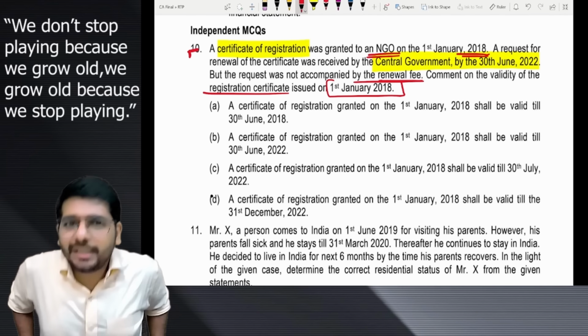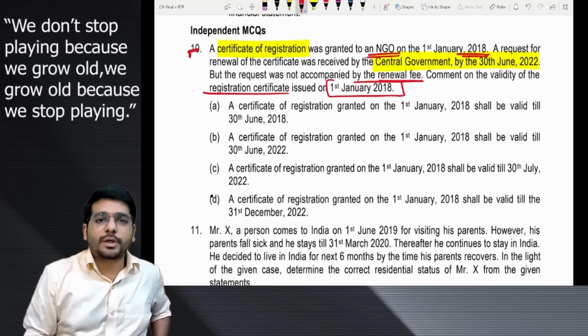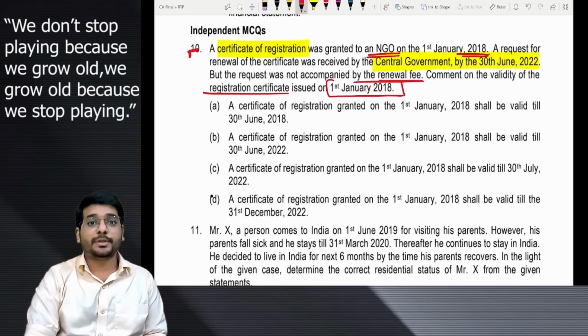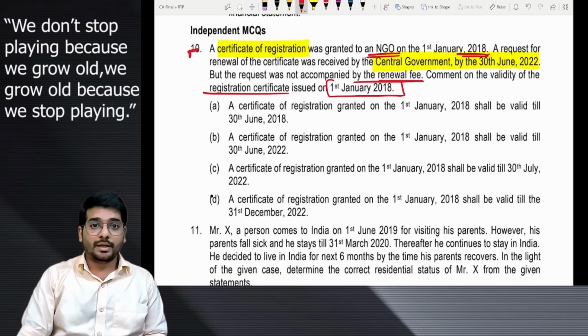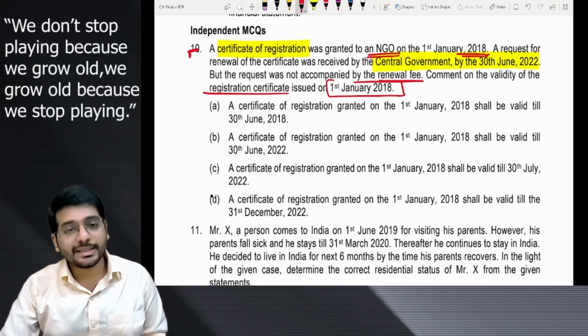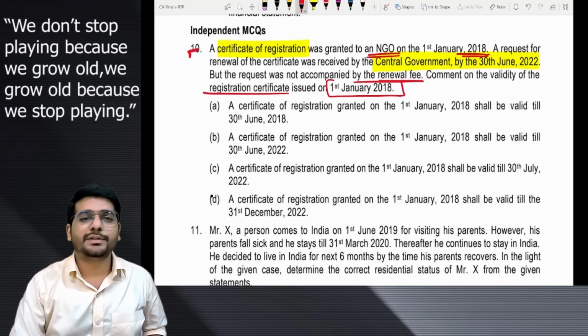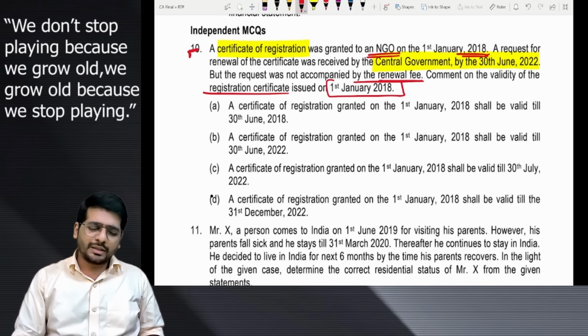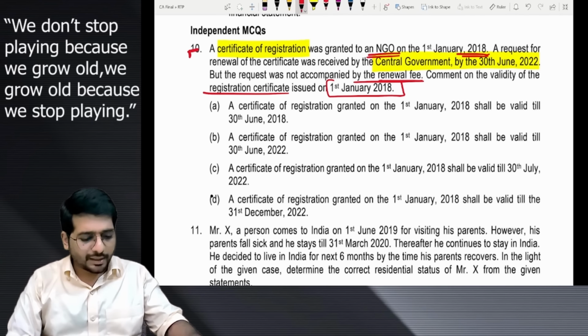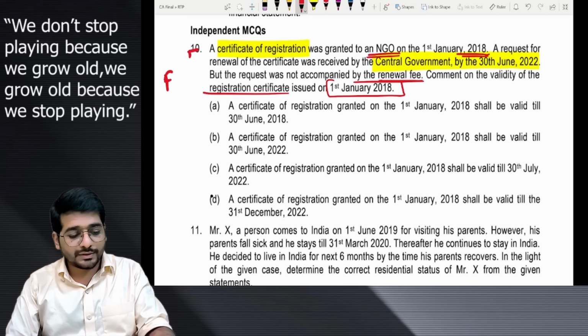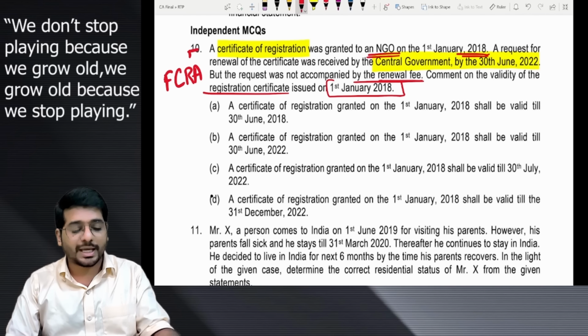Technically, this question is a little bit incomplete, I would say, because renewal may be a requirement in plenty of chapters or provisions, and directly saying renewal requirement, how many, what is the period, fees not provided, looks a little incomplete. But again, if your concept is clear, you will understand they are talking about the chapter Foreign Contribution Regulation Act.